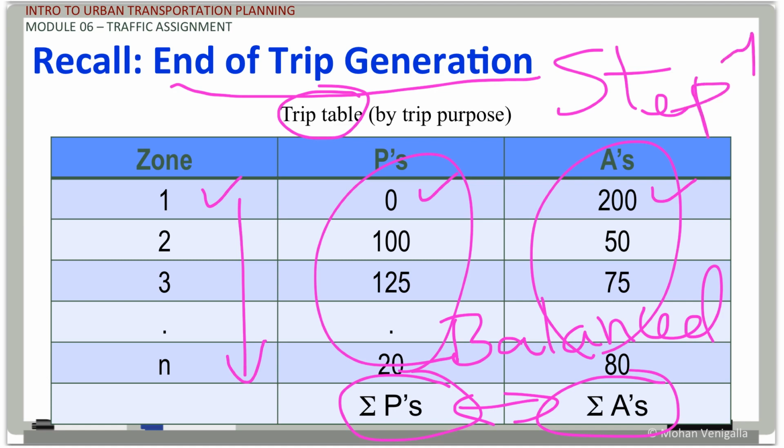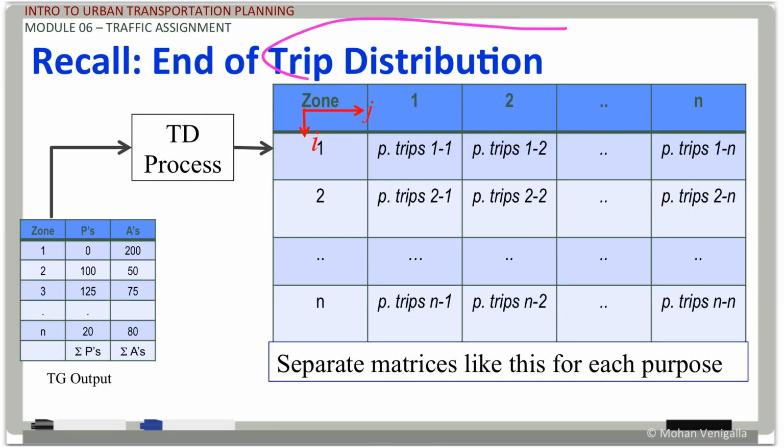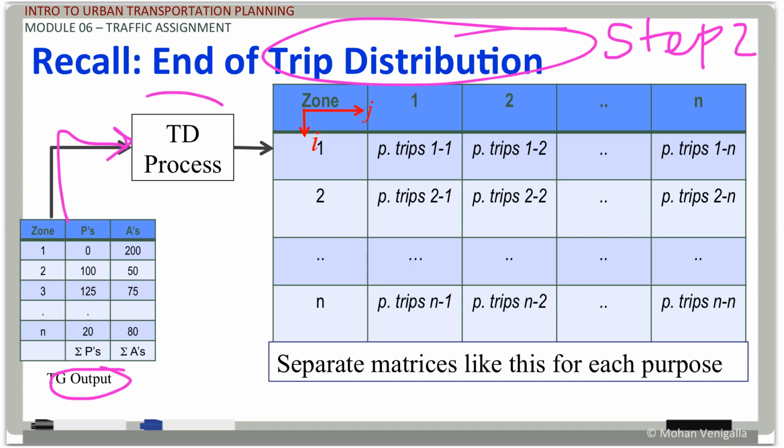Step 1, output of step 1 is going to be input of step 2, which is trip distribution. This is step 2. So the output of trip generation comes to this process called trip distribution. So remember the gravity model, etc.